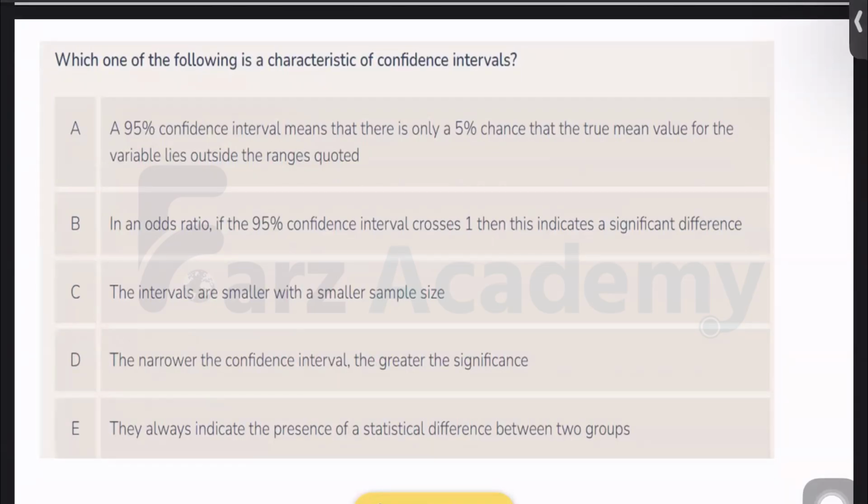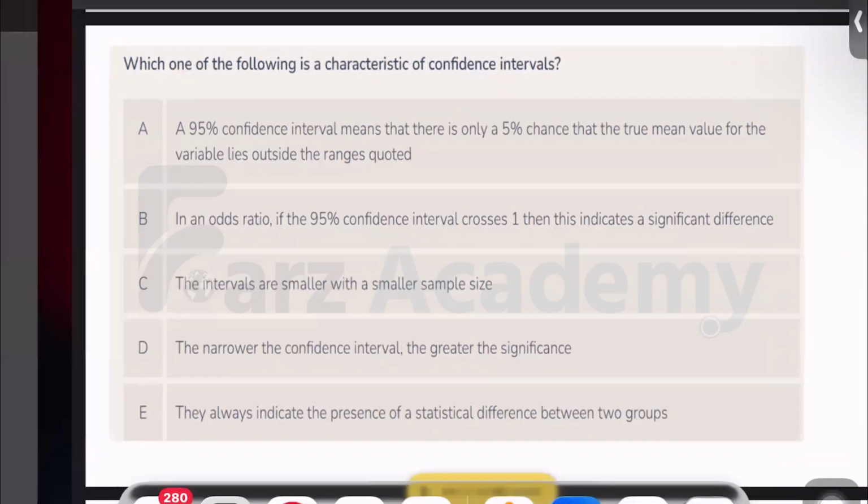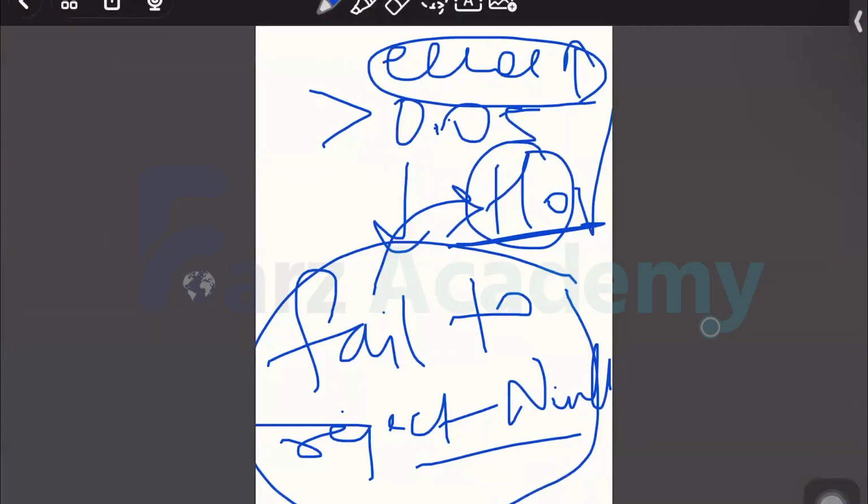That is just a definition of confidence interval. This is what we did here for standard error of mean.